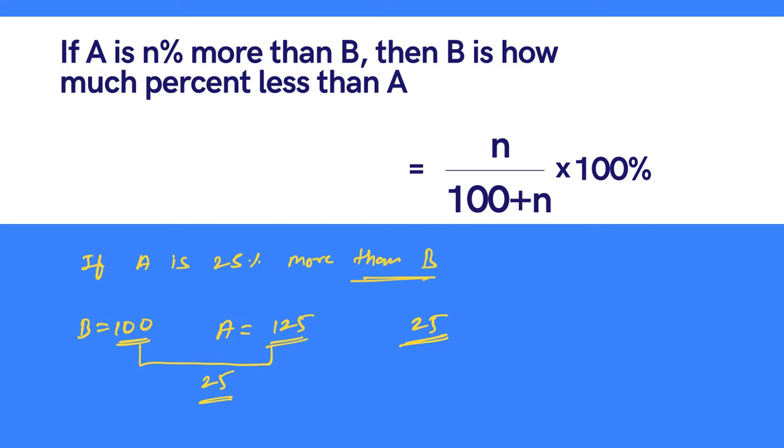Here I am asking B is how much percentage less than A, so the reference value is now 125 into 100. When I cut upside and downside by 20, upside I will get 1 and downside I will get 5. So I can say 100 by 5 equals 20 percentage. Many times students feel that if A is 25 percentage more than B, then B is 25 percentage less than A. No, this is not the same.